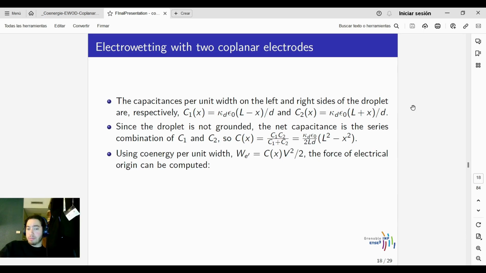So using the same co-energy definition that we have defined before, where W is defined as one half of the capacitance multiplied by the voltage squared.